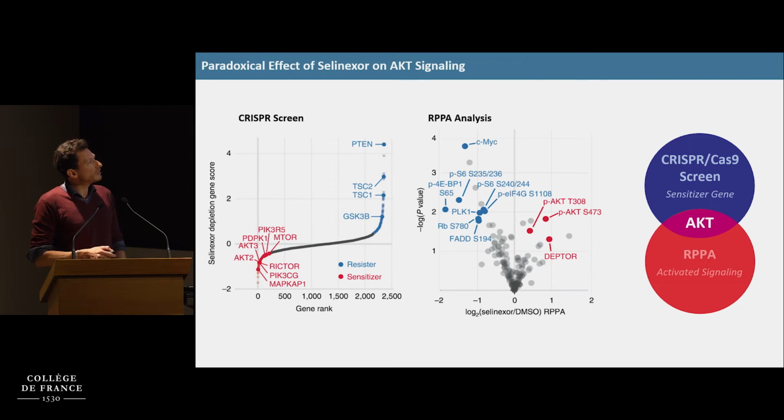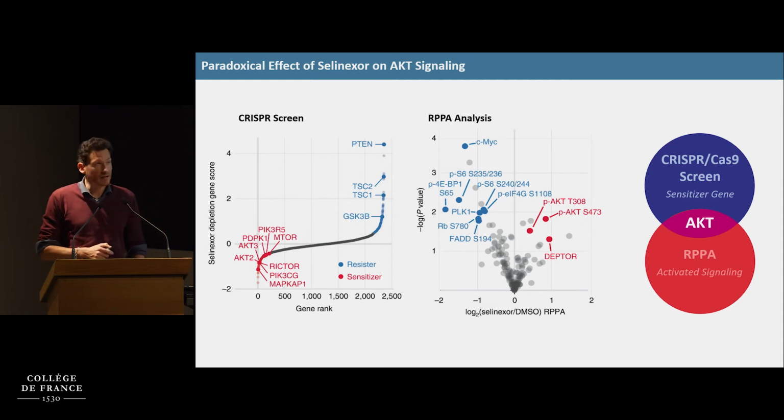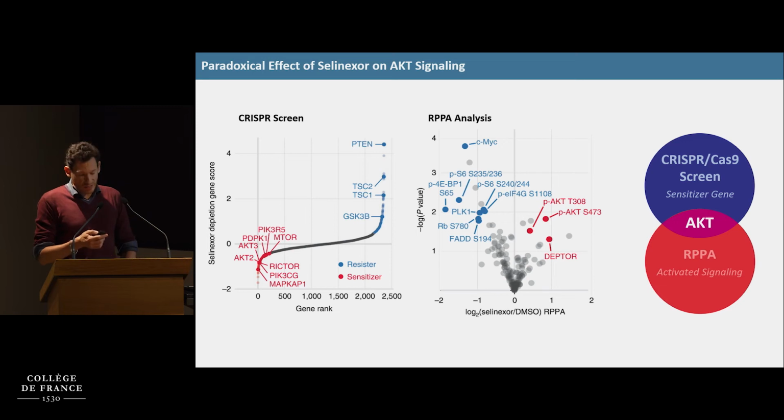Because we established that several phosphorylation sites on AKT were more activated in the context of selinexor treatment, which was a bit counterintuitive because selinexor has killing activity on AML cells, while here it was activating a pro-survival pathway. So this may elicit AKT as an important factor to nominate collateral sensitivity mechanisms in AML cells.